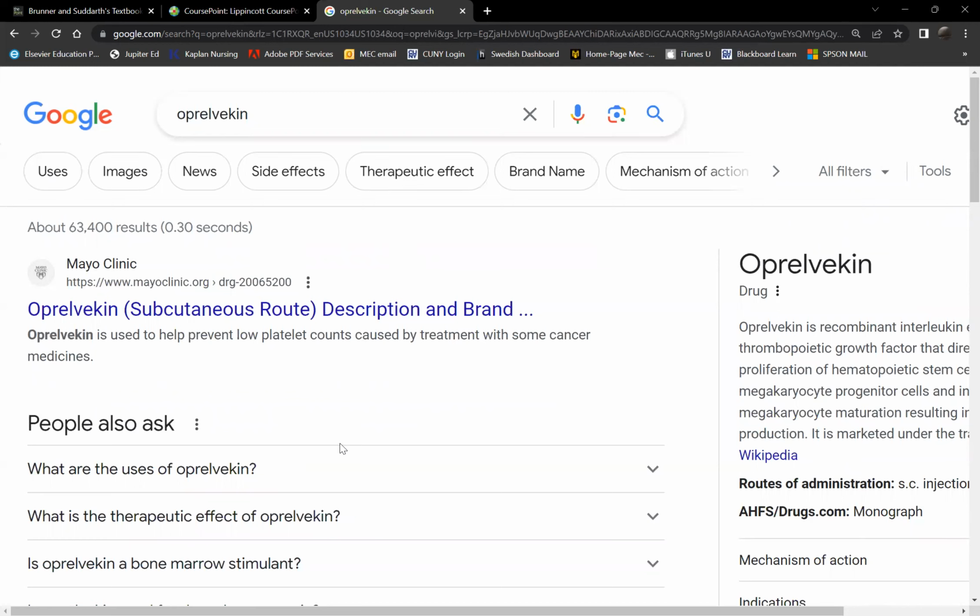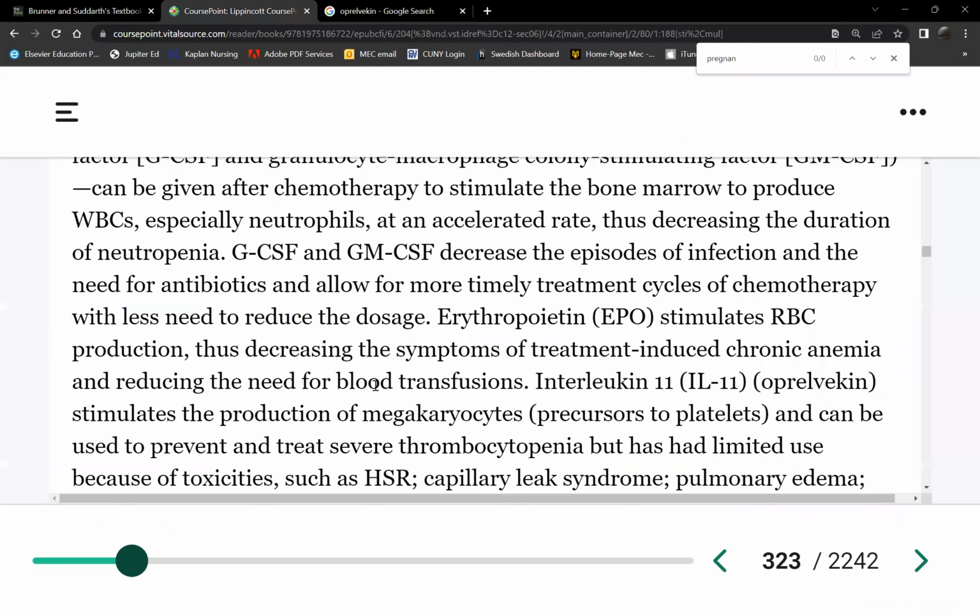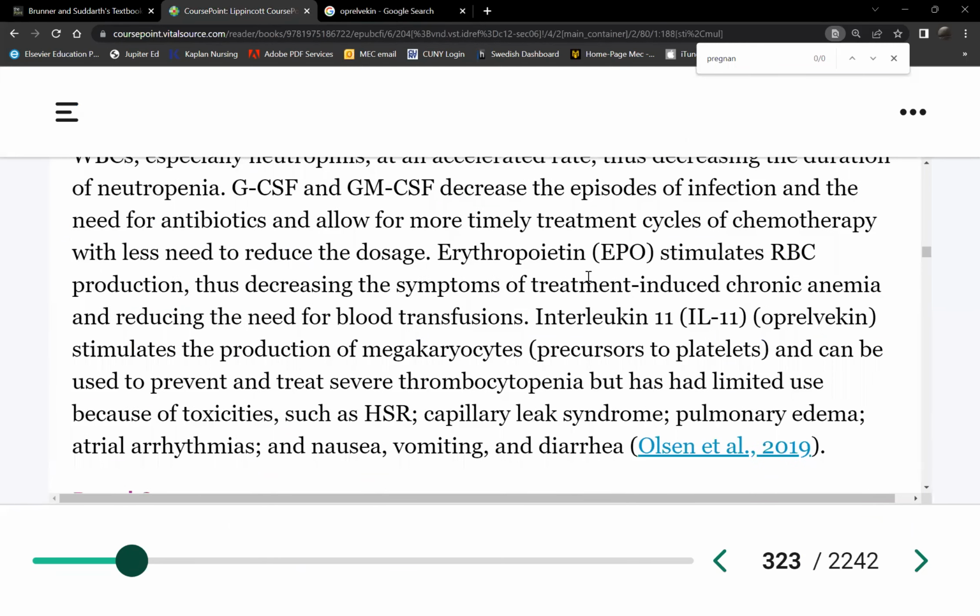That one's IV, but oprelvekin and pegfilgrastim are once a week, and erythropoietin is given via once weekly subcutaneous injections. They're in a pre-filled syringe, except erythropoietin, which sometimes comes in a vial, depending on the brand. So here's oprelvekin and erythropoietin.